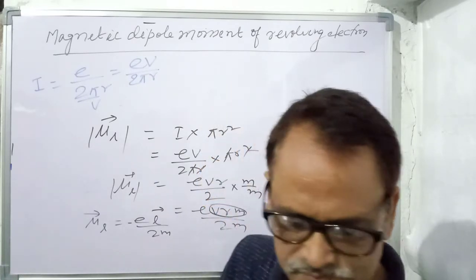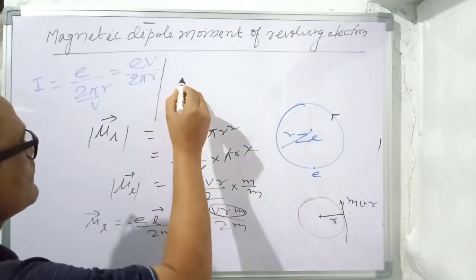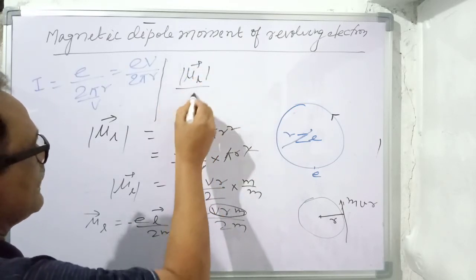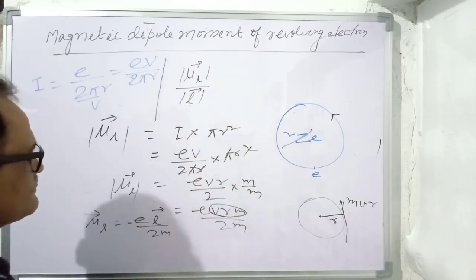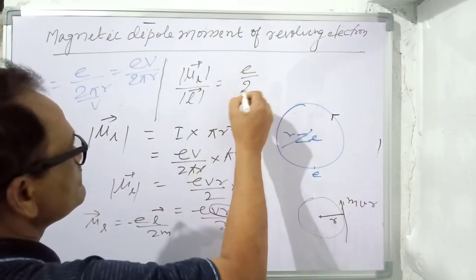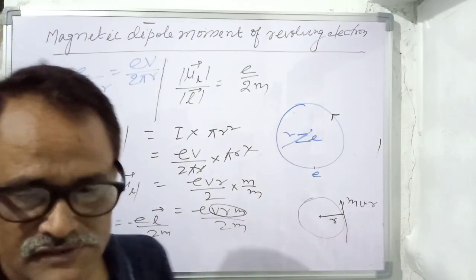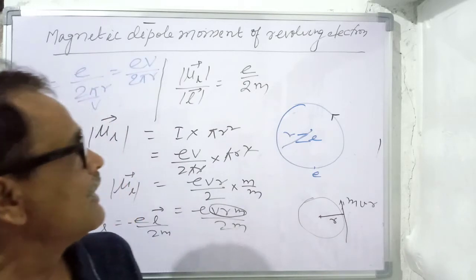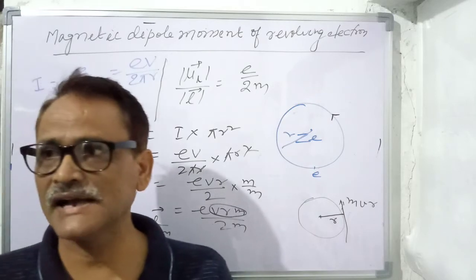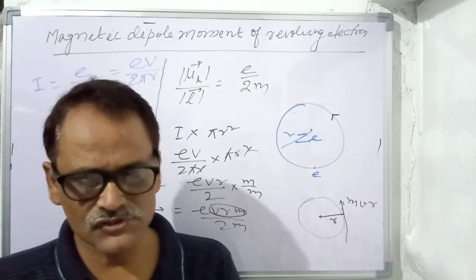Now I am going to define a term: the magnitude of mu L divided by the angular momentum L. I am taking only the magnitude, so I am dropping the minus sign, and it is equal to e by 2m. Here e is the charge of the electron, a constant, 1.6 into 10 to the power minus 19 coulomb, 2 is a constant, and m is the mass of the electron.